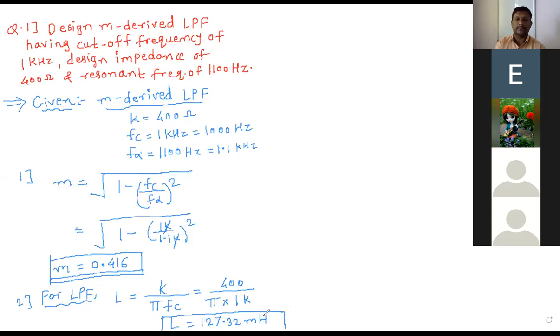That will give 127.32 millihenry. Now next, third one, for the low pass filter, we can calculate the C value. So C is 1 upon K into pi into FC. So you can write the value here. 1 upon K is 400 pi into 1K.